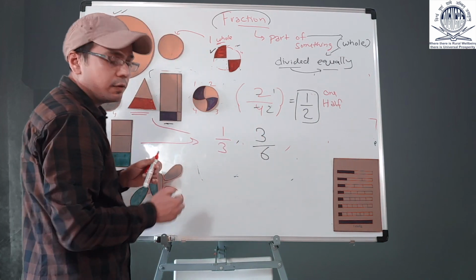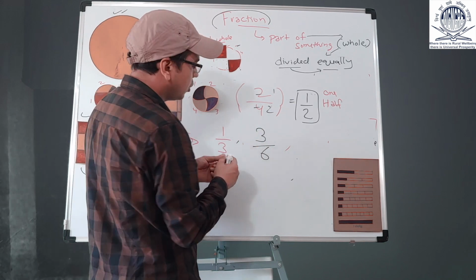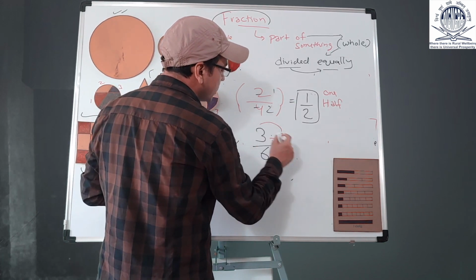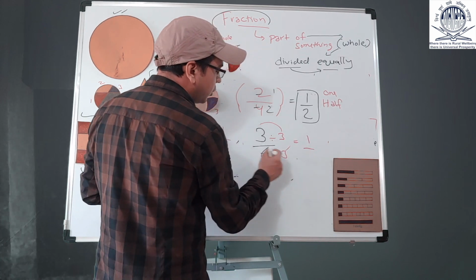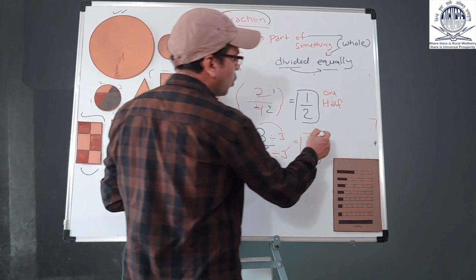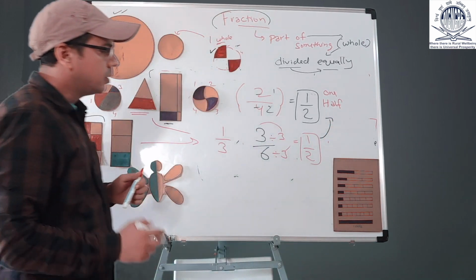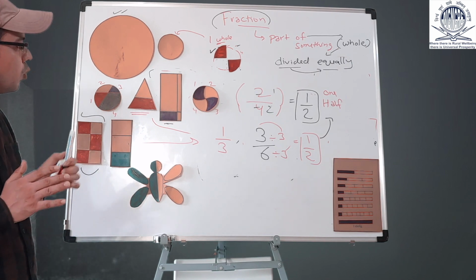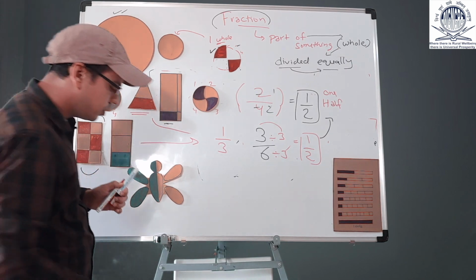And if you see, 3 and 6 have something in common, which is 3. So divide by 3, divide by 3, 3 ones are 3 and 3 twos are 6. So again, it comes as 1/2.